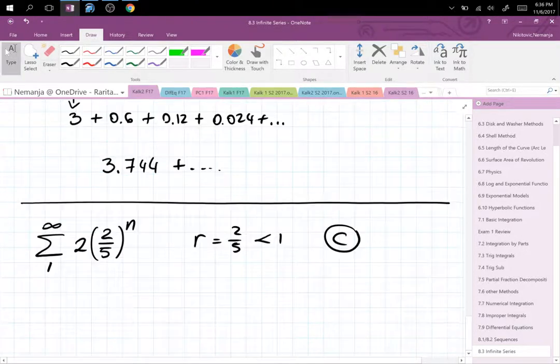So now we have to perform a procedure that is called shifting the counter.